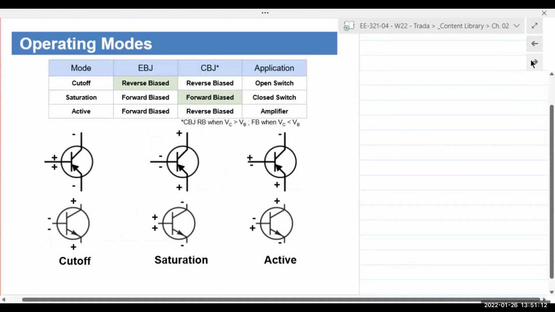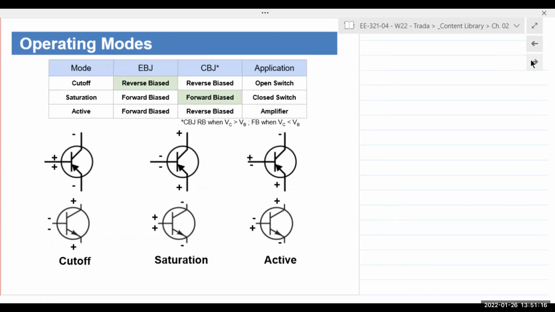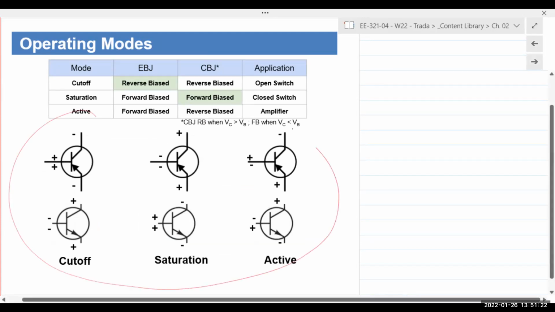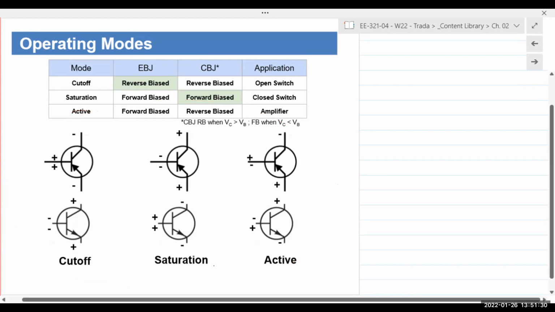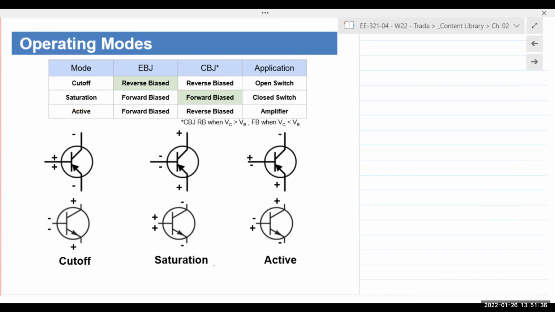Okay, summarize the operating modes for both transistors. We have cutoff, saturation, and active. And these diagrams are just showing you the polarities for both NPN as well as PNP. Okay, this handy dandy table just tells you which junctions are forward bias and which ones are reverse bias for each mode of NPN or PNP.